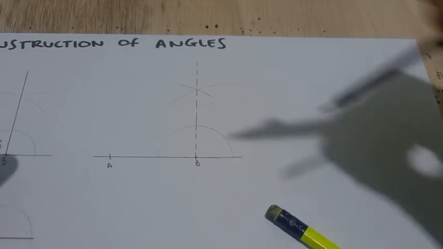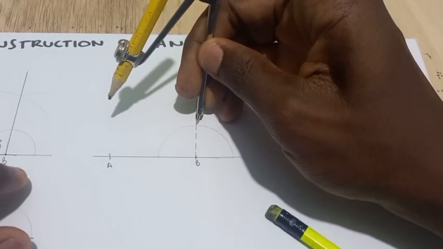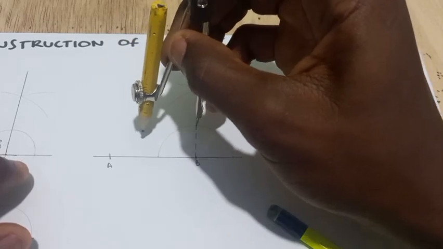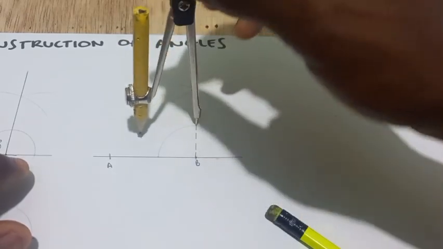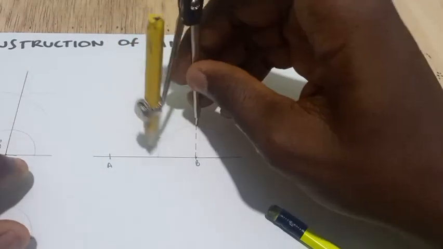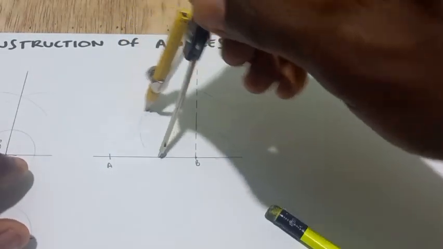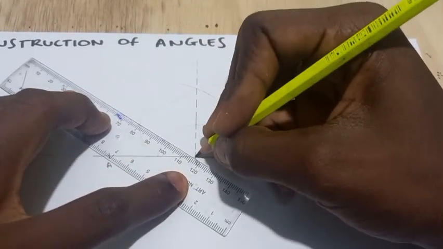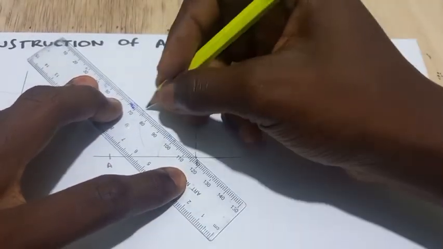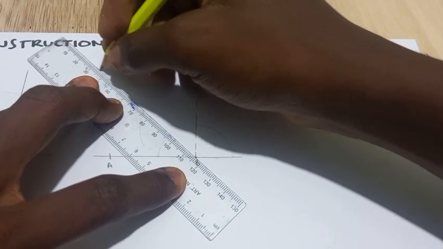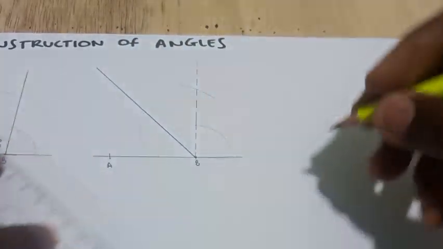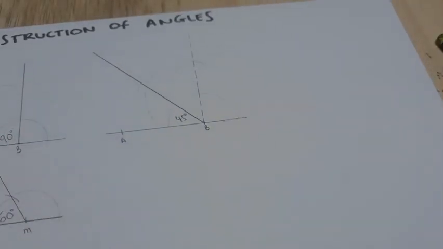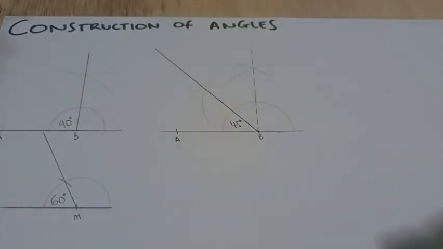We stand on the 90 degrees arc because we're about to divide 90 degrees into 2 to get 45. So we arc, come down here, we arc again. Therefore, we have this point. This one has 45 because 90 divided by 2 is 45.